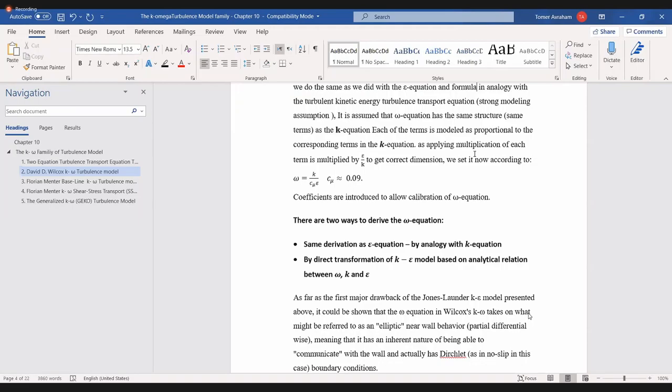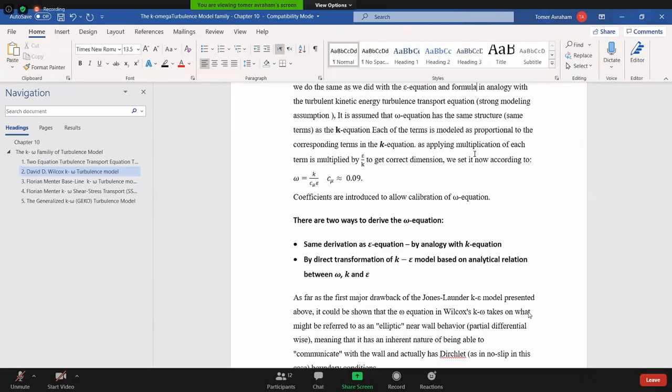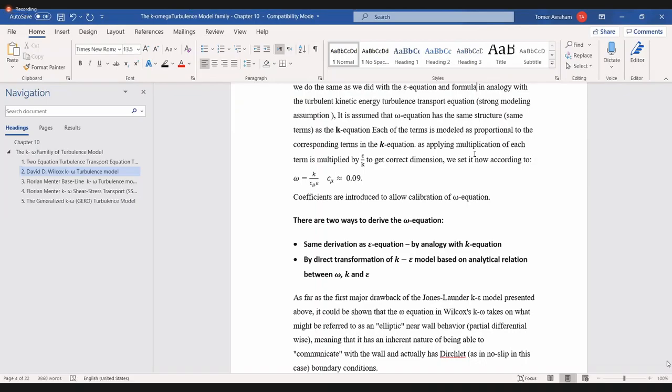Yet you see students solving very complicated geometries today. Even an electronic system is a very complicated system. Nonetheless, there are so many restrictions to two-equation models.